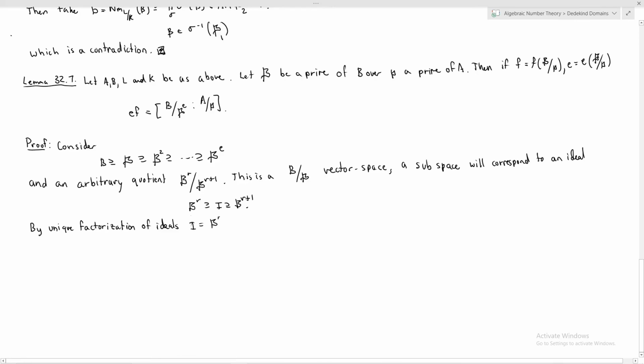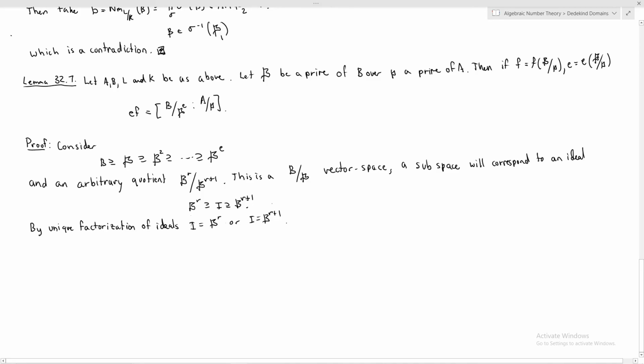By unique factorization of ideals, I is this guy, or I is P to the R plus 1.